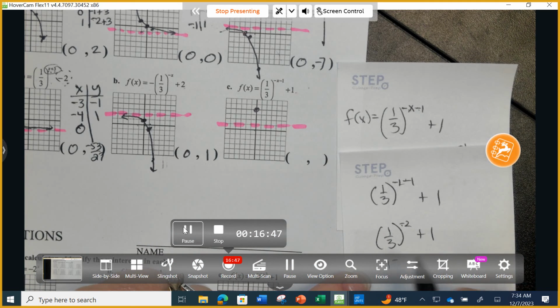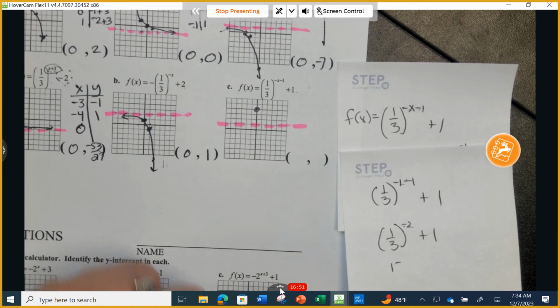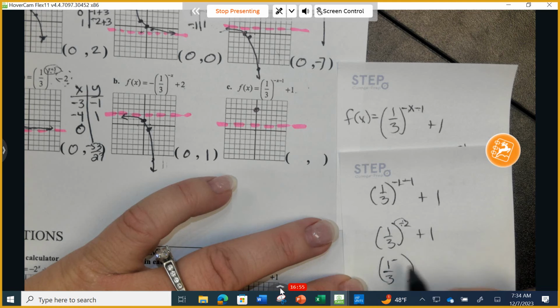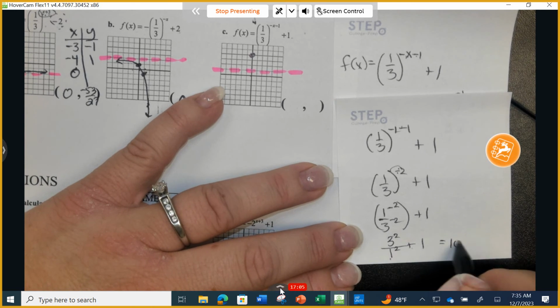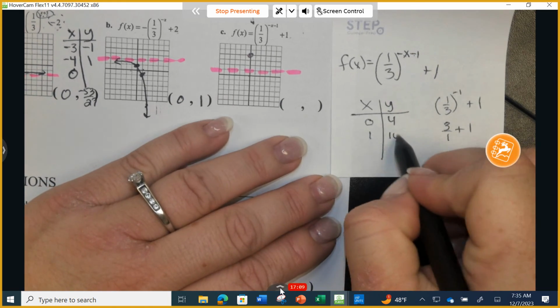So first I'm going to distribute it. I'll put this down so that you can see if you are watching this recording. So I have 1 over 3. Now when I distribute, I get negative 2 plus 1. What does this mean? It needs to go down the bottom, 1 squared up top. We're taking the reciprocal. And I have 9 plus 1 is 10. So when I substituted in 1, I got an answer of 10.